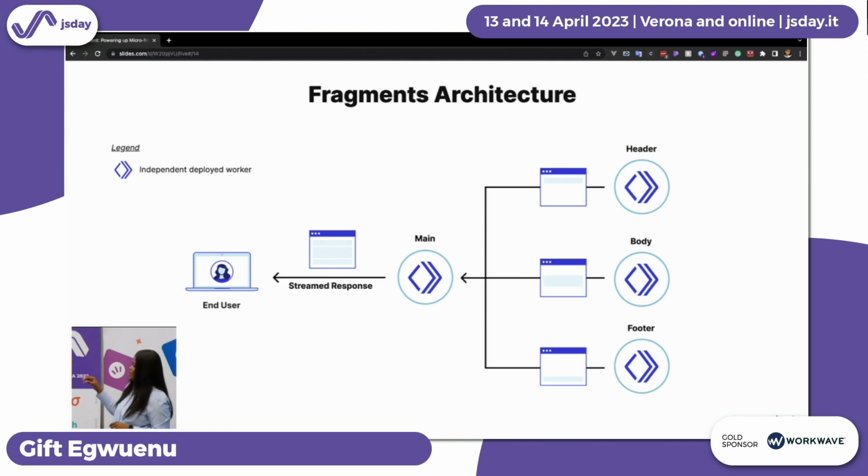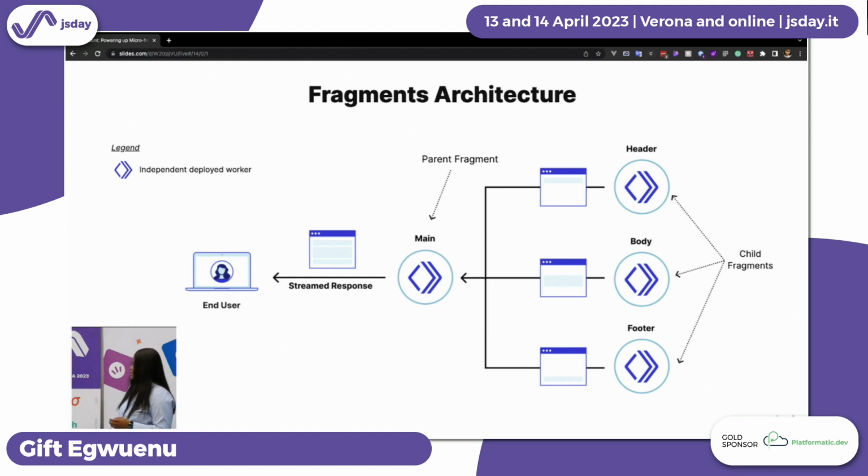Each of them is a Cloudflare worker that has been deployed independently. The good thing here is once you run your worker, you can return a response. All the responses from all the child fragments are being streamed to the main fragment, which is the main single page application that the browser finally ends up seeing.